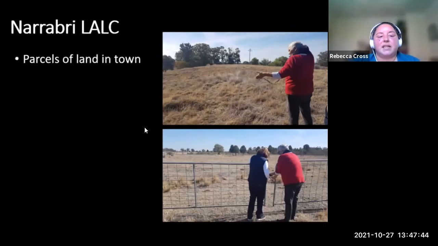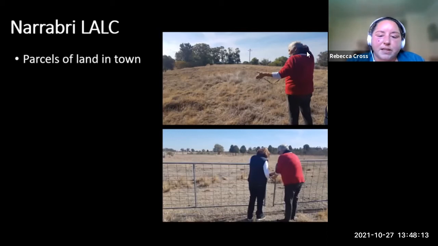And Narrabri Local Aboriginal Land Council have significantly more land available to them in comparison to Waa Local Aboriginal Land Council. So Narrabri has a number of parcels of land in town, including land that they have set aside for different types of housing. So those plans are in process.